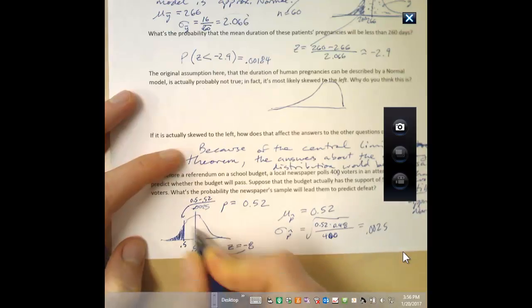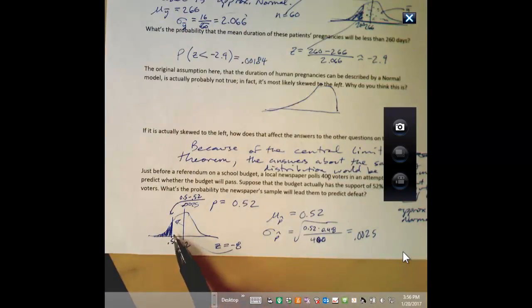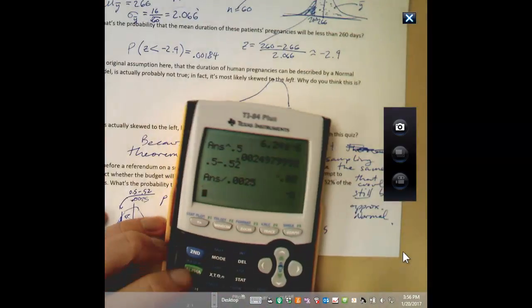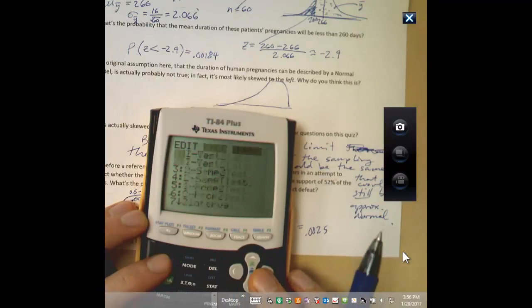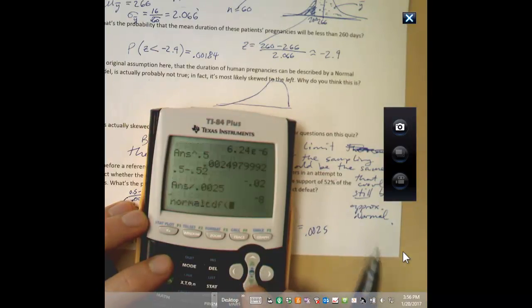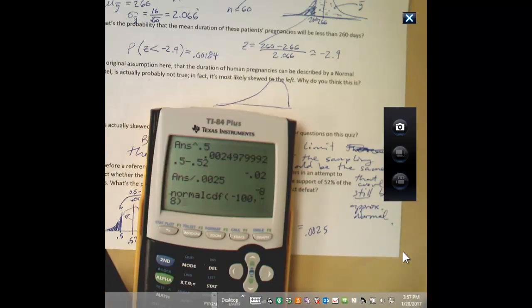Now, basically, guys, to the left of -8 is almost nothing that we would acknowledge, right? And if I try putting that in here, that's where I want to be. Okay, so I could say from -100 to -8.